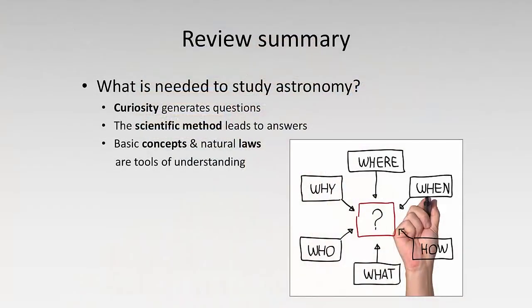So you'll also see at the end of each lecture there'll be a brief review. Let me go ahead and review the few things we've talked about so far. What is needed to study astronomy, and in particular our solar system? Well, I think we mentioned at the beginning it starts with curiosity, doesn't it? We make observations of the natural world. Those observations lead us to ask questions.